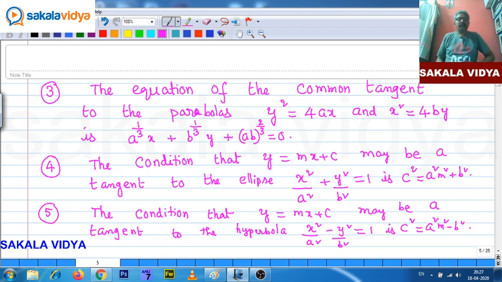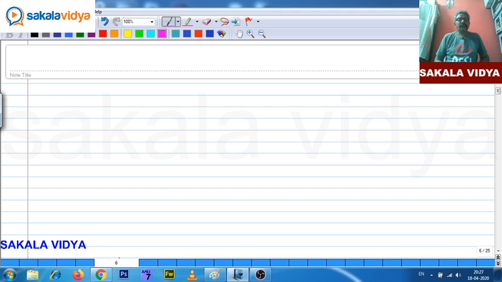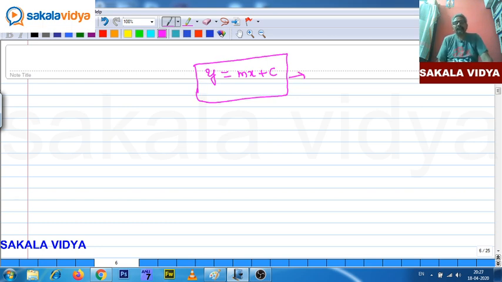So that means now this we can remember like this. For example, y is equal to mx plus c is a tangent.